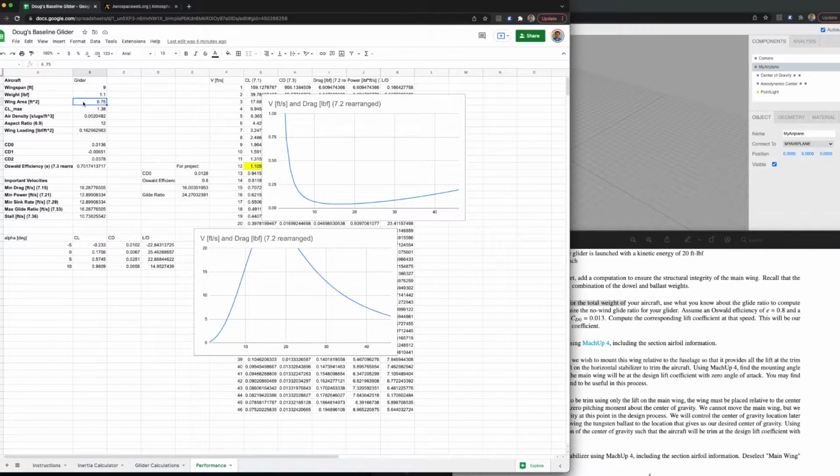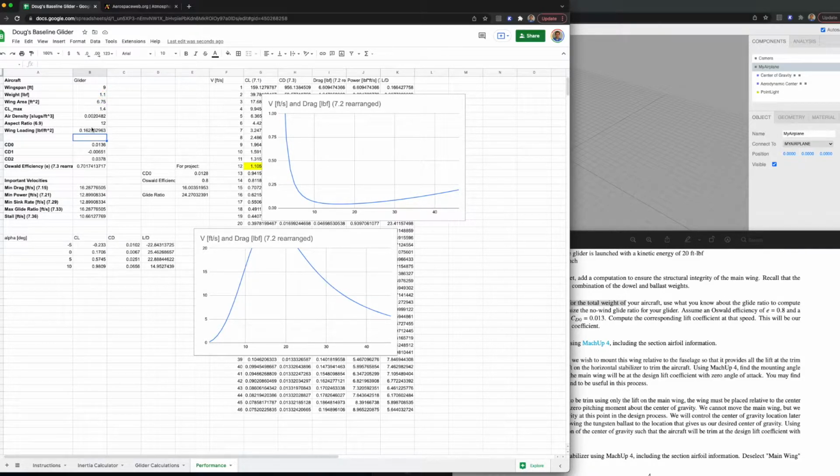The total wing area is 6.75, and the maximum lift coefficient, I guess we can estimate that's 1.4 right now. The air density, I've copied over my air density, aspect ratio of 12. And so the wing loading is simply the weight of the aircraft divided by the wing area. And so I've just computed that there, the 1.1 pounds divided by 6.75.